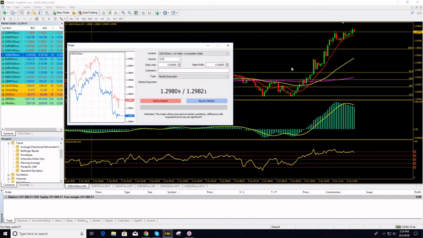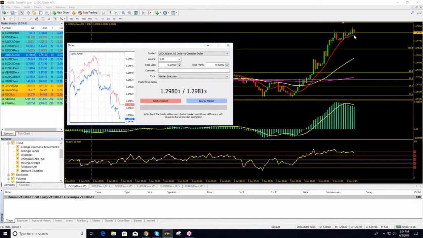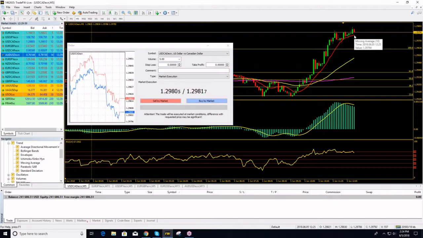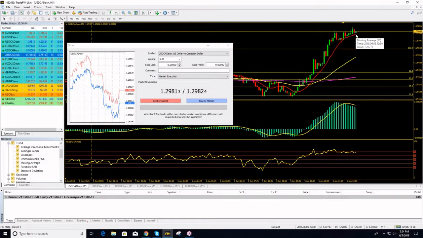Come on. We need to see a close below that level. Come on. The value of the MA is 129.764. No, we didn't. Next 5 minutes then.